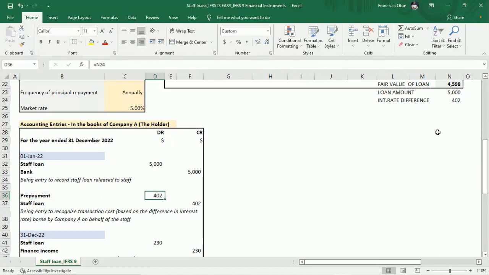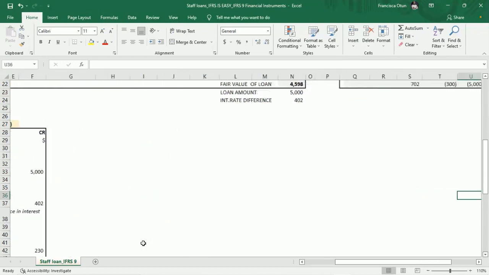That's why we are recognizing 402 as prepayment, and we are not taking that 402 immediately to profit or loss, because the contract is not just for 1 year, the contract is for 5 years. So in the first year, by the end of the year, a portion of this 402 will be amortized to profit or loss, and then it keeps on amortizing until the end of the contract.